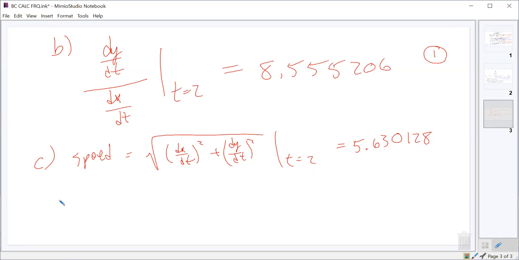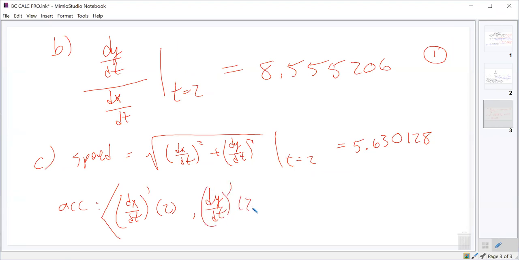And then to find the acceleration vector, we needed to evaluate the derivative of dx/dt at 2 and the derivative of dy/dt also at 2. Your calculator will tell you what both those values are.